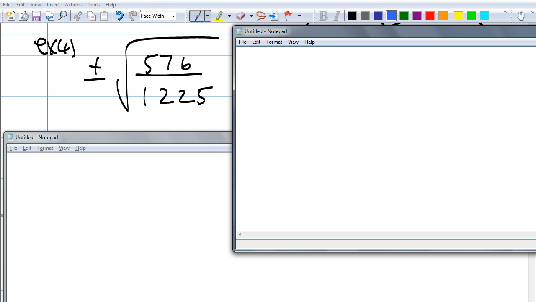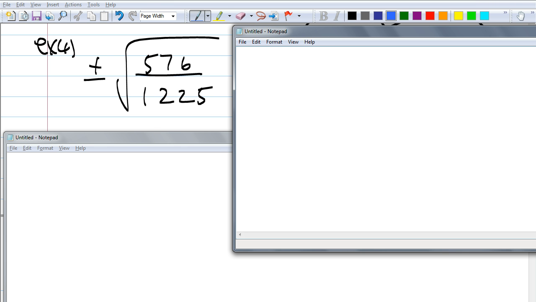Sometimes when the 2 numbers are the same except for their sign, they just write it this way. Anyway, is there a way to simplify this? Yeah, we should try to see whether or not 576 and 1,225 are perfect squares. Correct? So how are we going to do this, Ben? We have to just put positive and negative on.